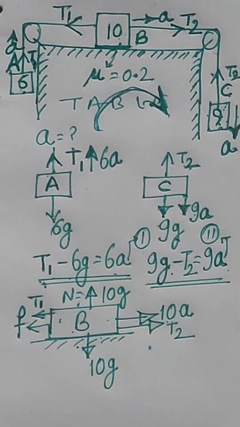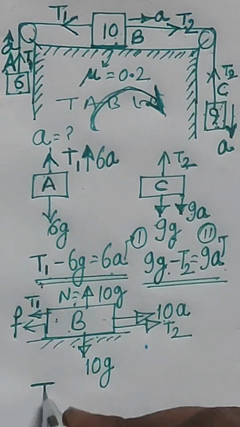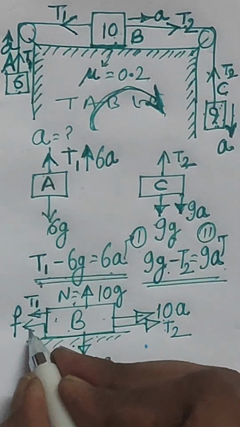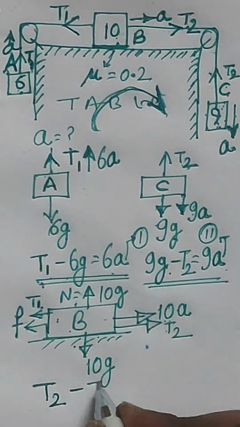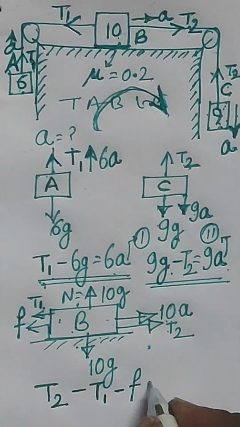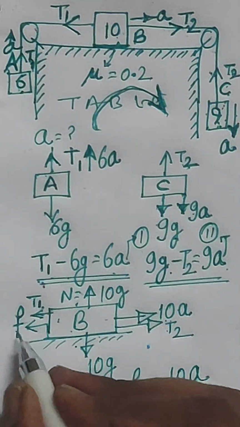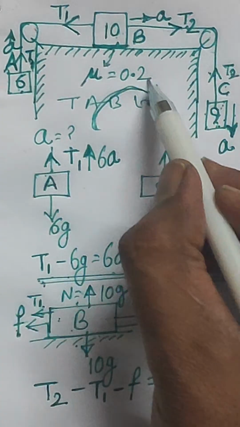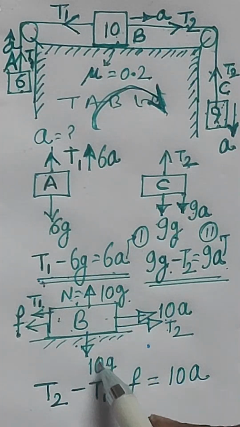Since the movement is happening like this, T2 will have the rest of the forces subtracted from it. So from T2, F and T1 will be subtracted, right? T2 minus T1 minus frictional force F is equal to 10a. And this frictional force F is equal to mu times N, and mu given to you is 0.2, and N is equal to 10g, which is opposite to the weight.